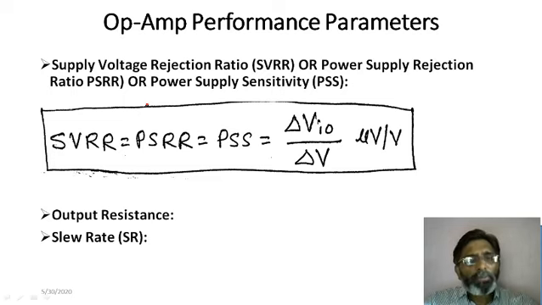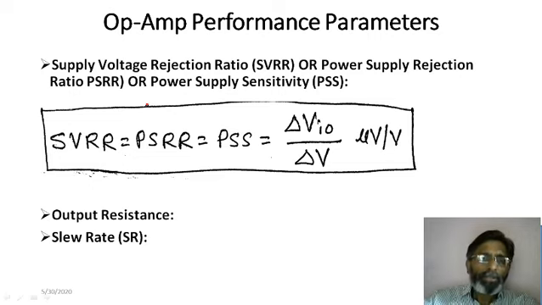If your power supply fluctuates, then your input offset voltage also fluctuates, which leads to error in the output. So how sensitive your op-amp's input offset voltage is to the power supply fluctuations is given by this particular parameter, SVRR or PSRR or PSS, and it is expressed as the ratio of the change in the input offset voltage with respect to the change in the power supply.